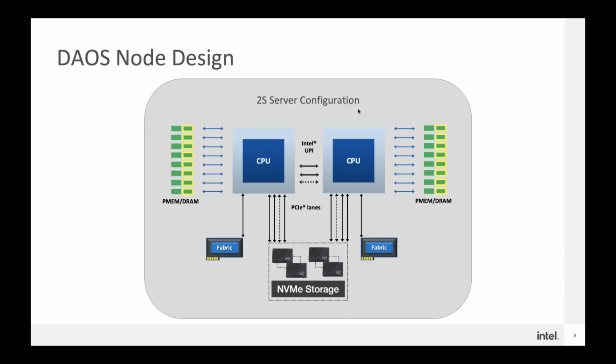Now, let's look into the details of each storage or data node. Each DAOS storage node has a mix of Intel Optane persistent memory and NVMe SSD. As I introduced earlier, DAOS will store the persistent metadata and latency-sensitive or small data in persistent memory, and large data chunks in NVMe SSD.